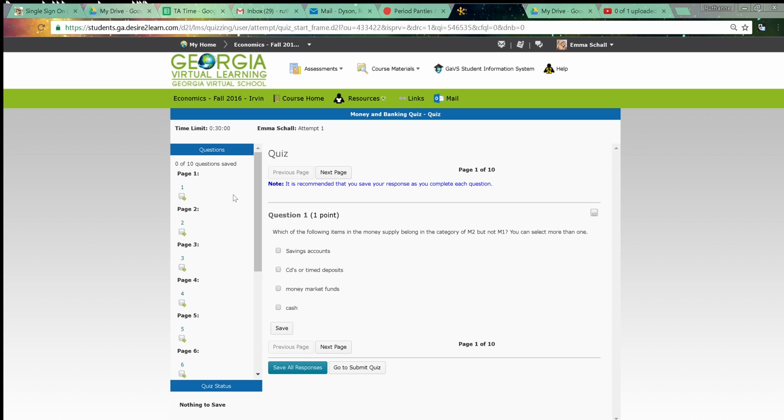All right, M2 is a measure of money supply that includes all elements of M1 as well as near money. So M1 includes cash and checking deposits, and near money refers to savings deposits, money market securities, mutual funds, and other time deposits.